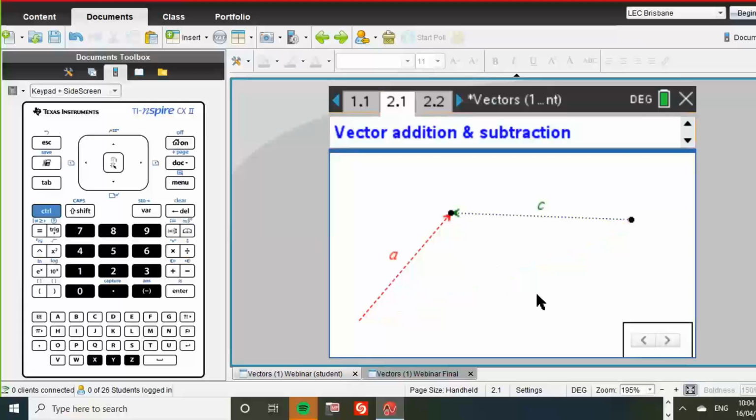When we look at subtraction, here we want to form the vector A minus C. So we have two vectors here. We have a vector A and a vector C. Notice that vector C is in that direction.